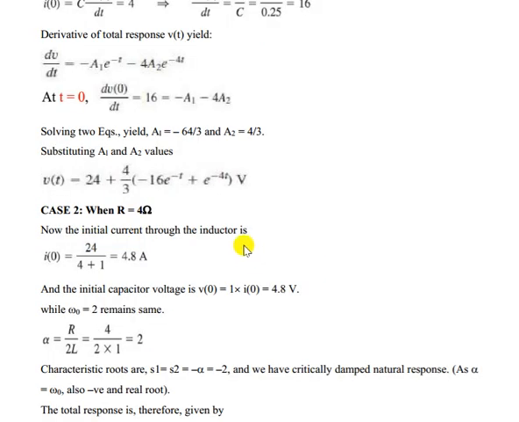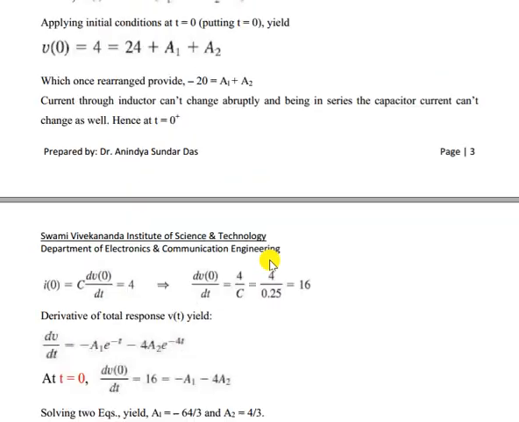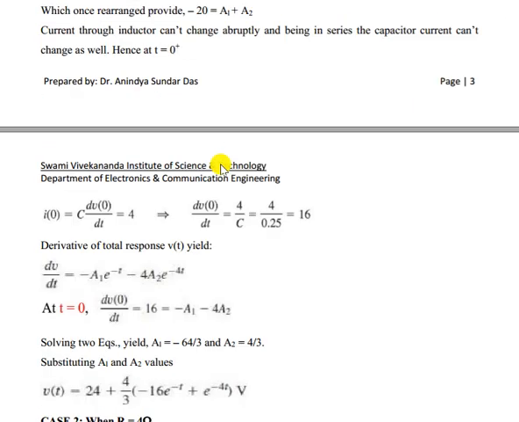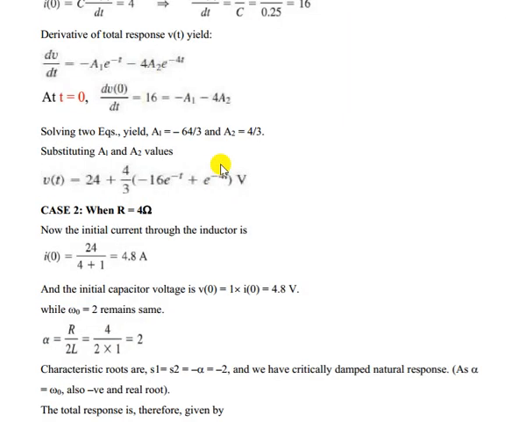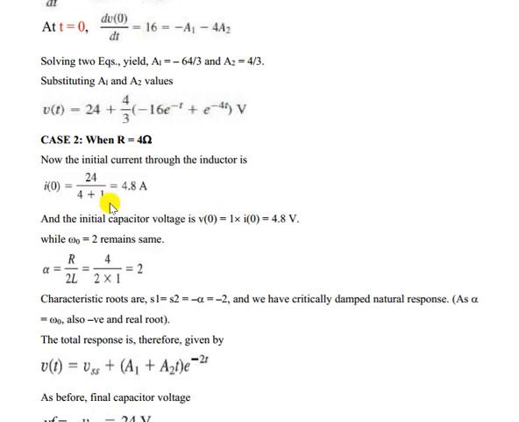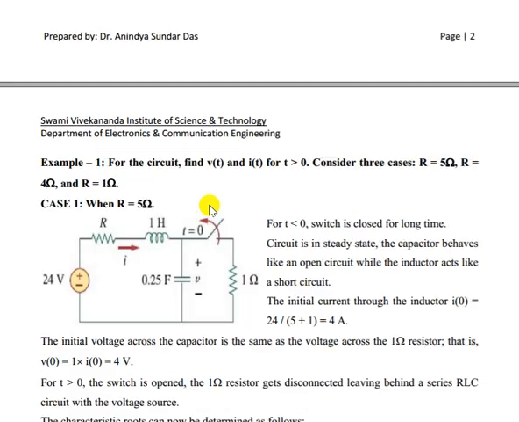Okay. Now if R equal to 4, then what will happen? Then 4 plus 1, that will be equal to 5. Okay. So that is 4 plus 1. So you got the value of I. Voltage is 1 into this, because the voltage drop is across the 1 ohm resistor.